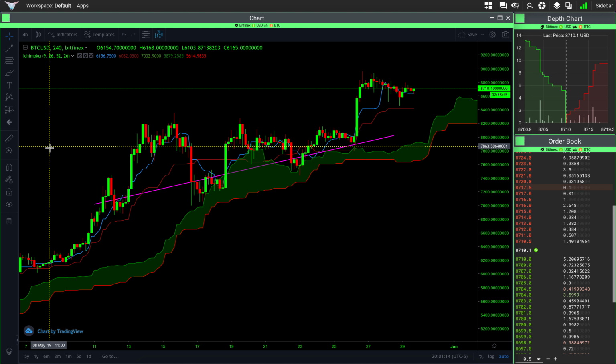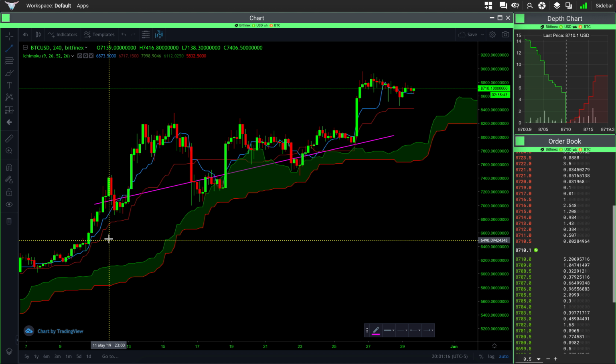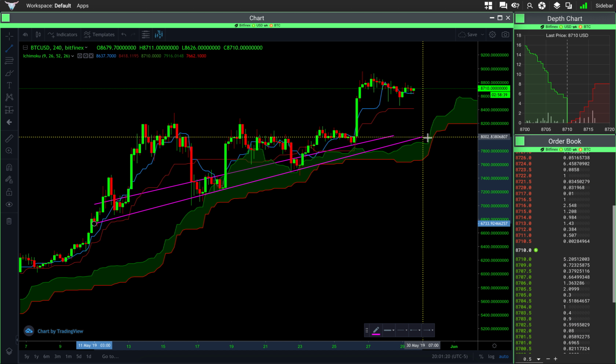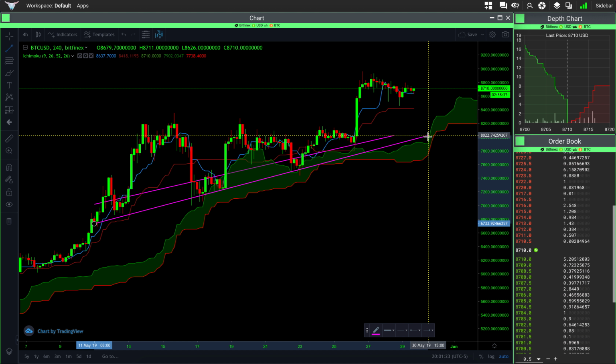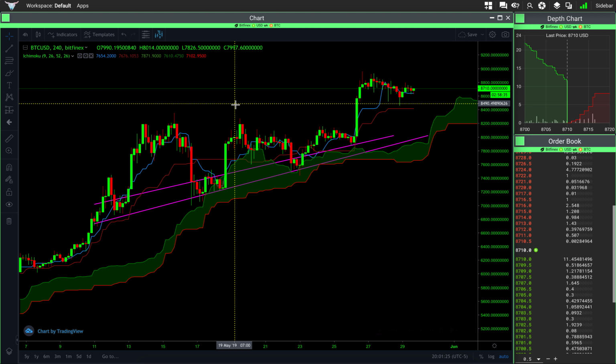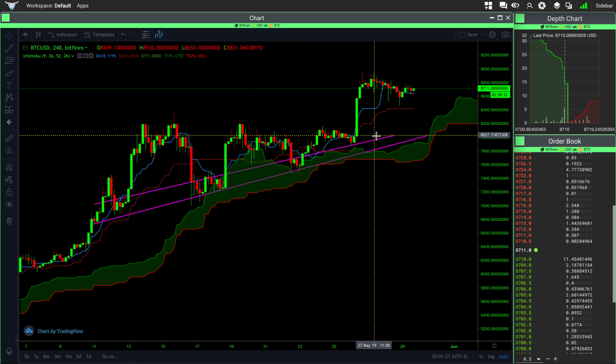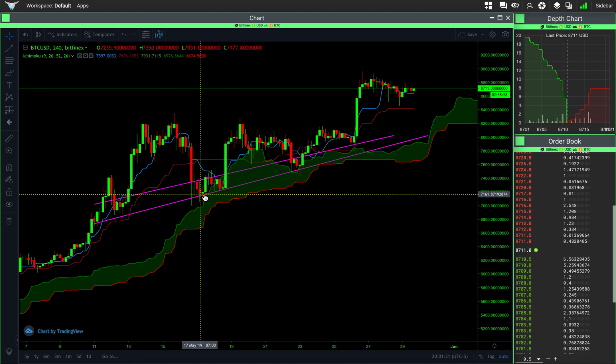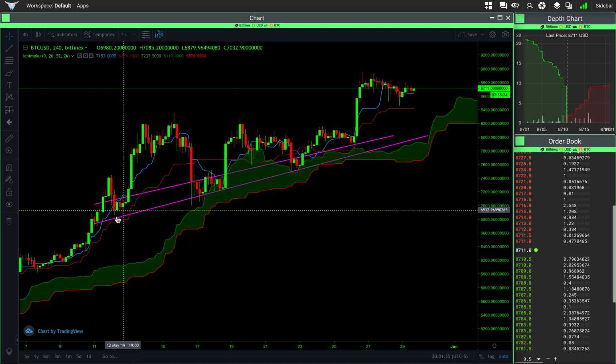So I see one through here. I see another one through here. You see how I'm not perfectly drawing these off the wicks? I'm kind of using a combination of wicks and bodies. That's how I'm seeing the support.